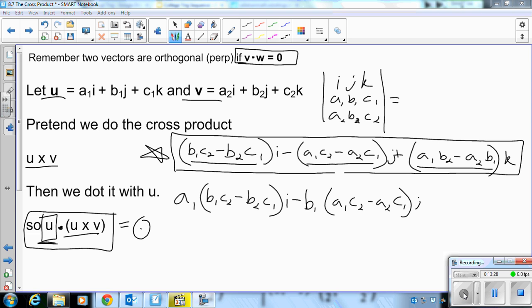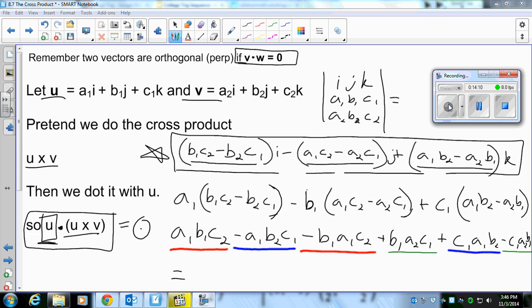That's my J component. And my apologies, it's a dot product, so we're just adding these terms together, and it's not going to be a resulting vector. And then we do plus C1 times A1B2 minus A2B1. Go ahead and collect your like terms and see what you get.